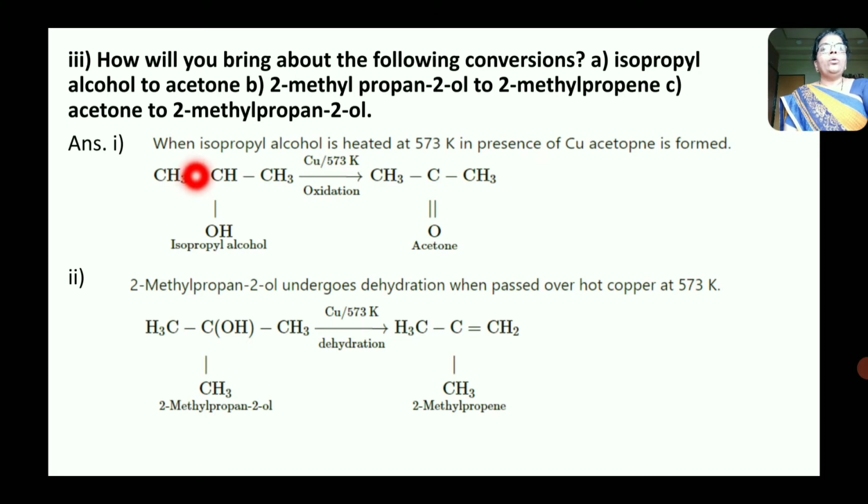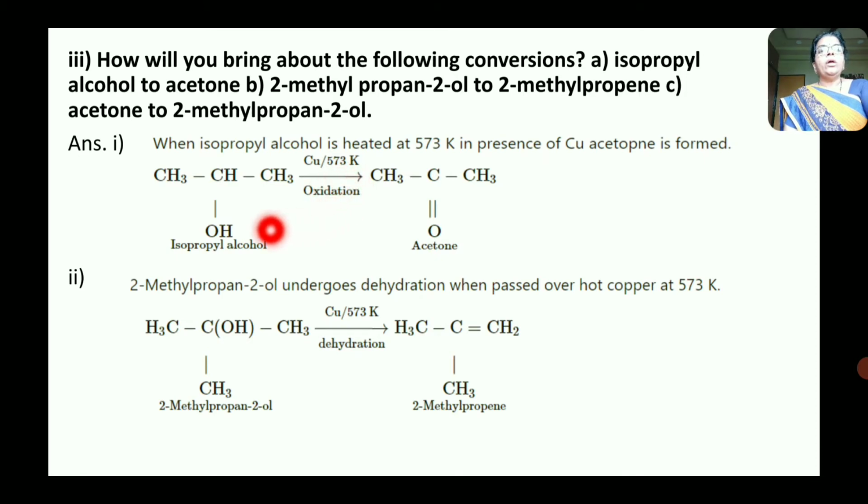Now first we are going to see isopropyl alcohol to acetone. Now here when isopropyl alcohol undergoes oxidation, formation of acetone takes place. The oxidizing agent used is copper, that is preheated copper at 573 Kelvin.